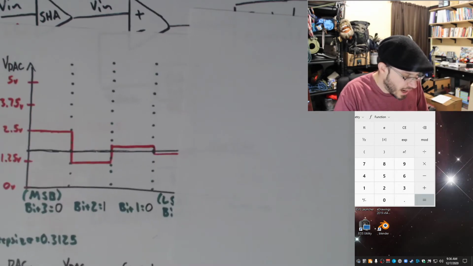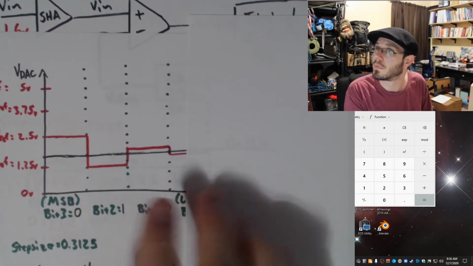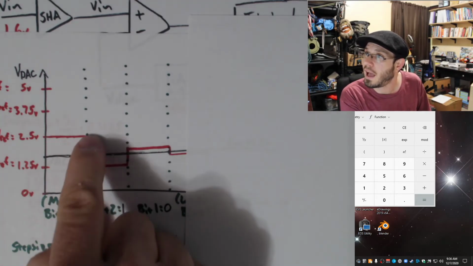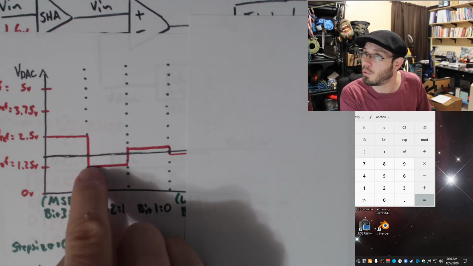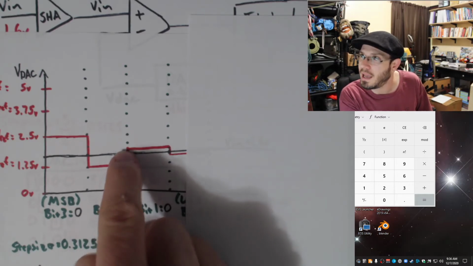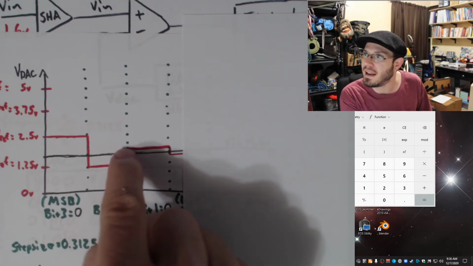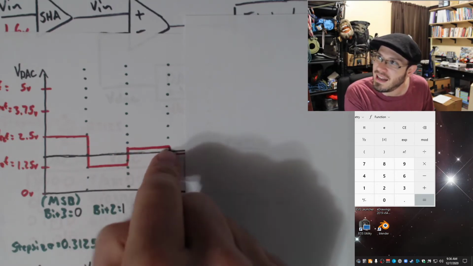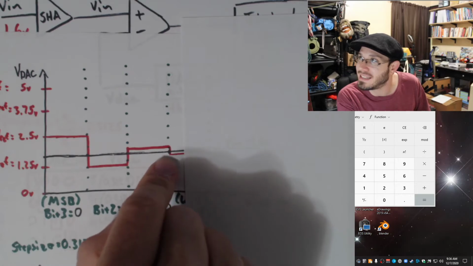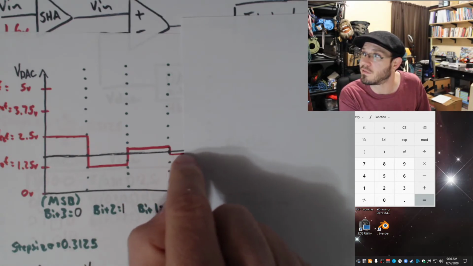As far as our graph is concerned, we started at 2.5, that was bigger. Then we went to 1.25, that was smaller. So then we went up halfway to 1.875, and that was bigger. And then now we cleared that bit, set the least significant bit, and we are at this voltage here.